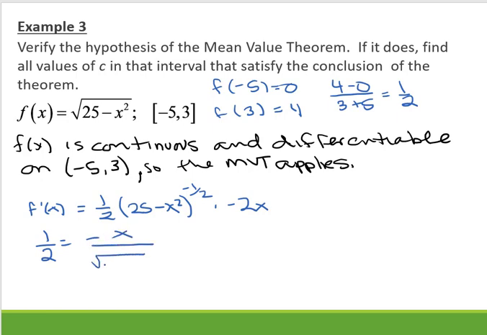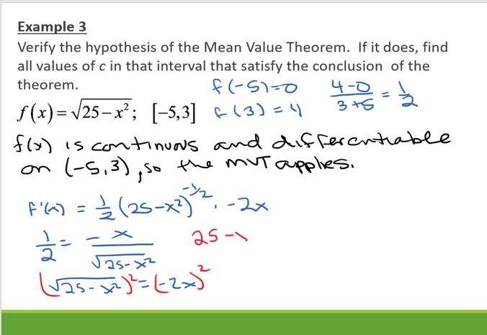And then I'm going to square both sides. So I have 25 minus x squared equals a 4x. I'm going to set this equal to 0. And I'm going to factor.